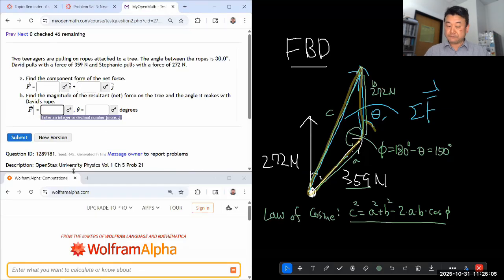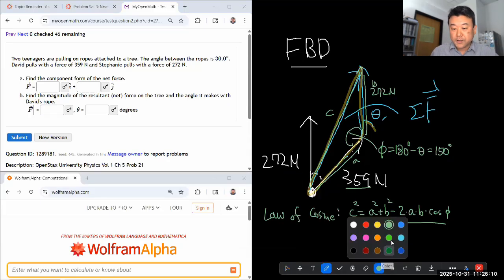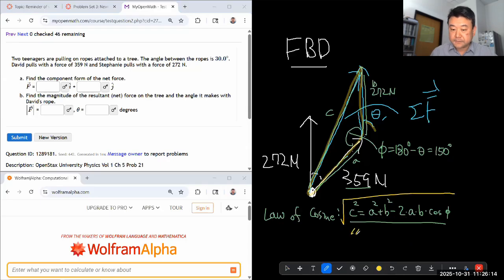For the actual numerical value, I'll be taking the square root of this for c. But I can just plug in the numbers. This gives me the answer right away.